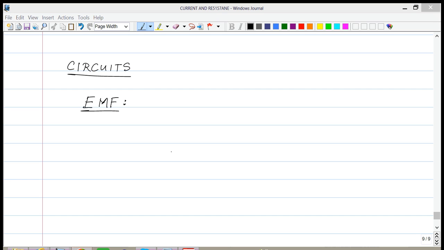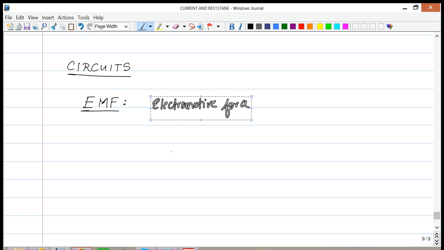But now we're going to figure out how to deal with electrical circuits. One of the first things that we need to understand is the concept of the EMF. EMF is nothing but the electromotive force.